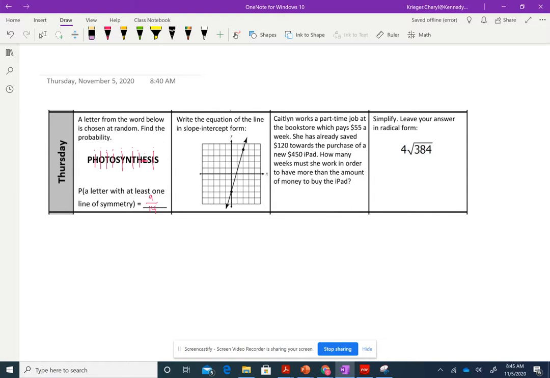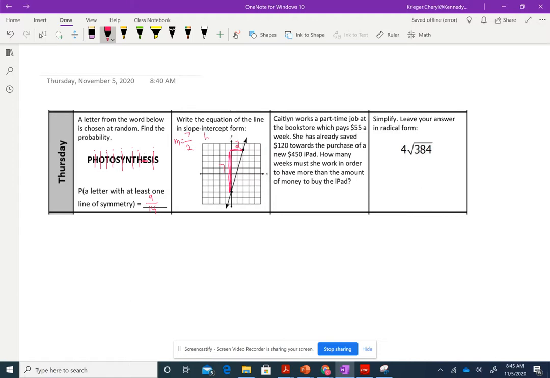All right, so number 2, I have my rise over my run. So I would ask you guys, how far did I rise? How many squares did I rise? 7. And how far did I run? 2. So my slope is 7/2.